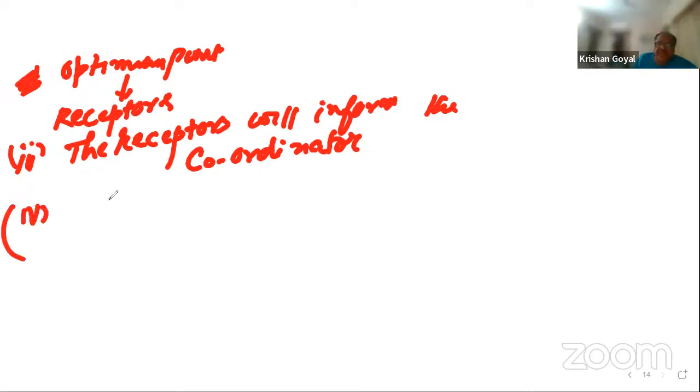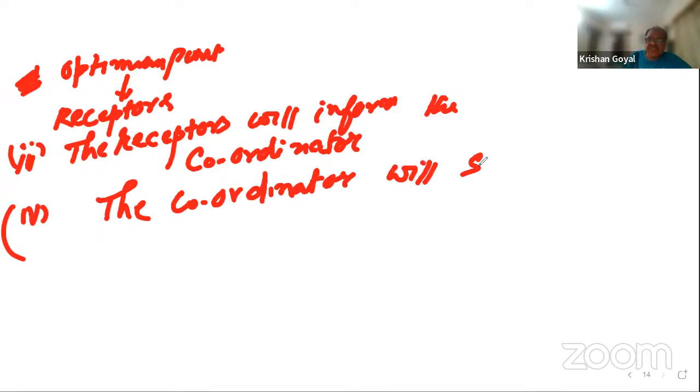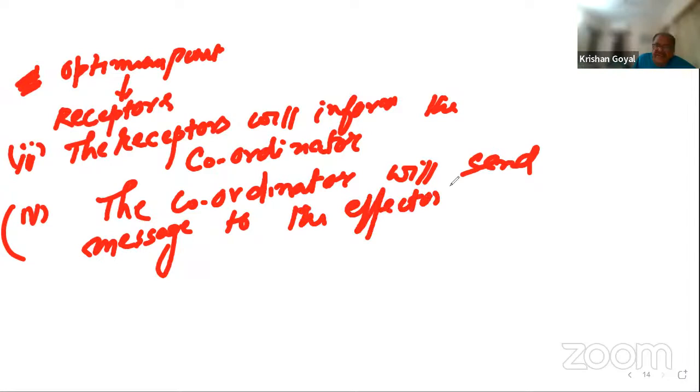Fourth point, the coordinator will send a message to the effector. This effector may be a muscle or it can be a gland also.